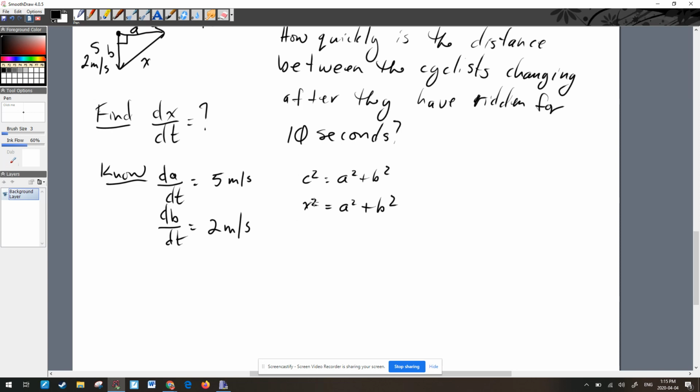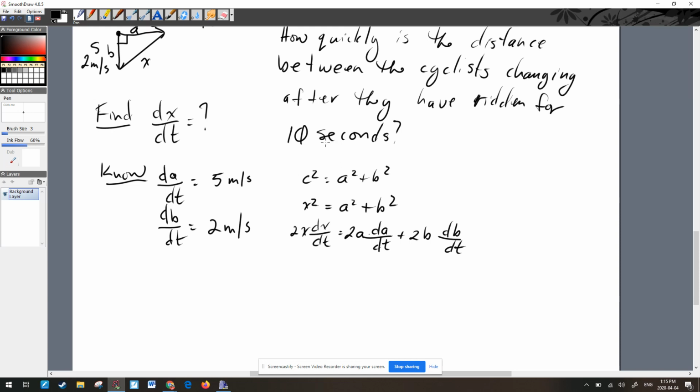The 2 comes down, so we get 2x, but x isn't time, so it's 2x dx by dt is equal to 2a times dA by dt plus 2b dB by dt.